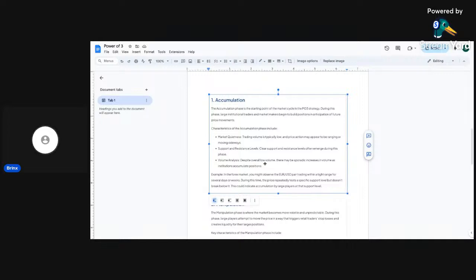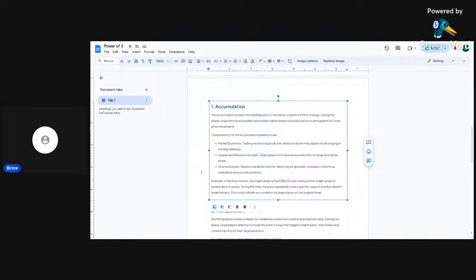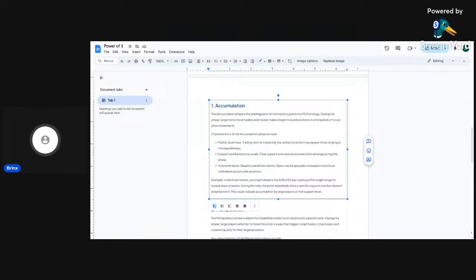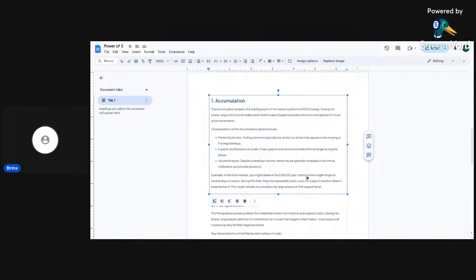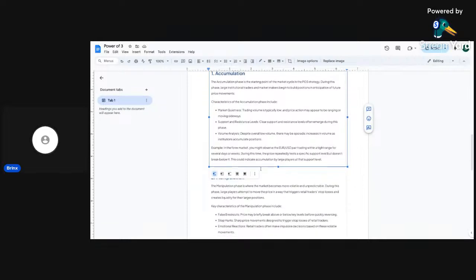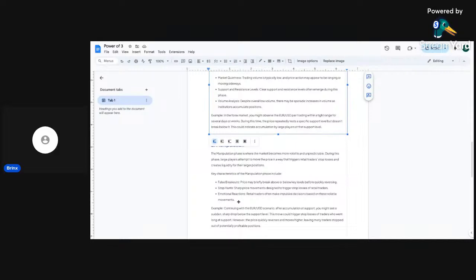And then volume analysis: despite overall low volume, there may be sporadic increases in volume as institutions accumulate positions. For example, in the forex market, you might observe the EUR/USD pair trading in a tight range for several days or weeks. During this time, price repeatedly tests a specific support or resistance level but does not break below it. This could indicate accumulation by large players at the support level.